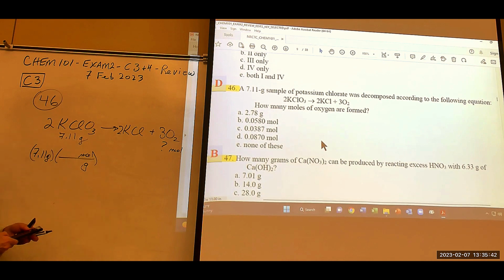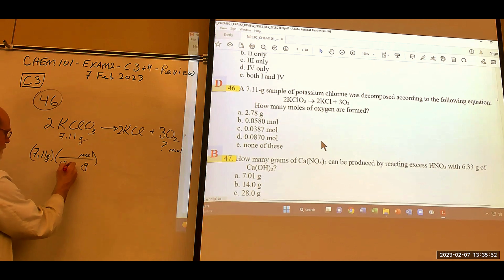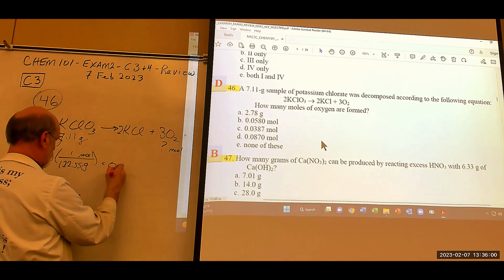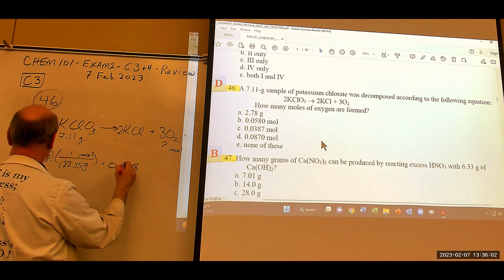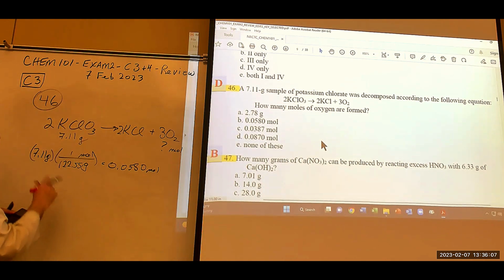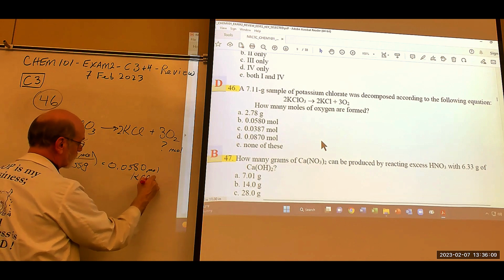And chlorine is 35.45. And 3 oxygens is 48, right? So 122.55. Divide that into 7.11. And you get 0.0580 moles. Okay, that's moles of potassium chlorate.